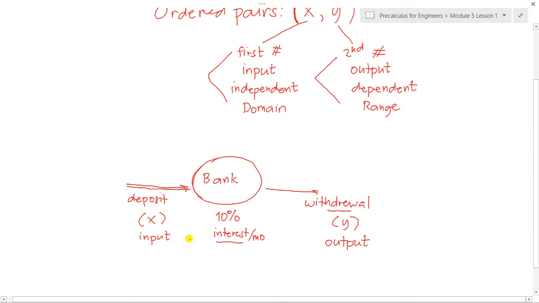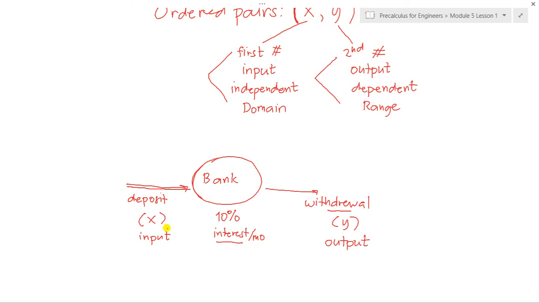And then next, why is the output considered dependent? Because of course, the amount of money that you're going to get from a bank after a certain period of time, let's say 1 month, 2 months, will depend upon the amount that you deposited. Let's say if you deposited 30 pesos, then your interest is 3 pesos.